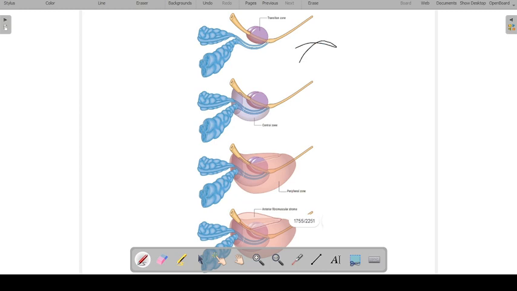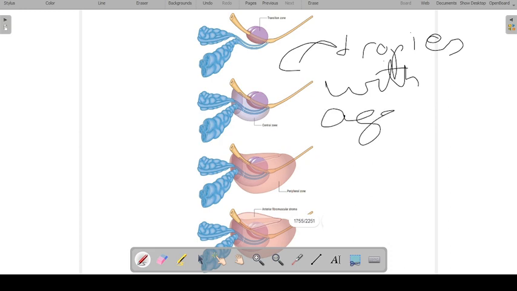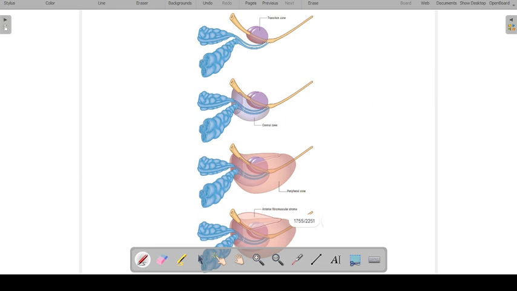And it atrophies with age. As there is progression in age, it starts to atrophy, and it is rarely subject to any disease.